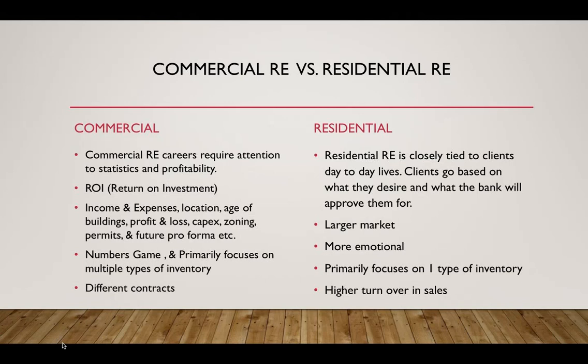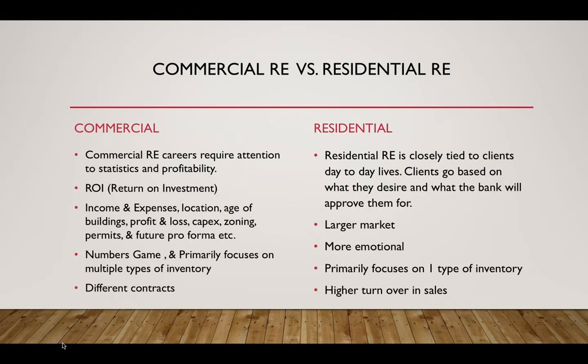Commercial real estate careers require attention to statistics and profitability, which is the truth, as opposed to residential agents, where you're not looking at what the asset is making because it's not making anything. It's not an income-producing property. You're working with individuals who have their daily schedules, and you're working around them and what their emotional side wants, as opposed to, again, the statistics and the profitability. The return on investment.